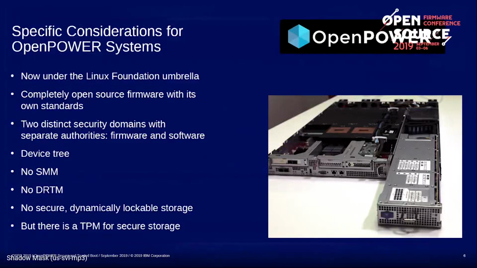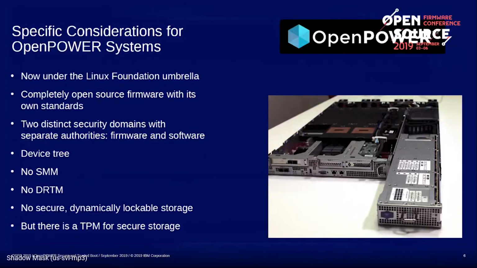We have two distinct security domains with two different key authorities. What we call a firmware security domain that's rooted in hardware, and then that gets handed off to a software security domain where we need to implement this flexible key management so that different operating system kernels can be verified. We have a device tree. We don't have an SMM.